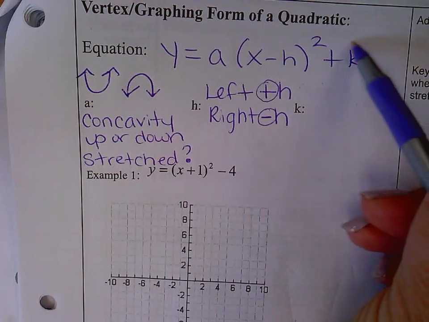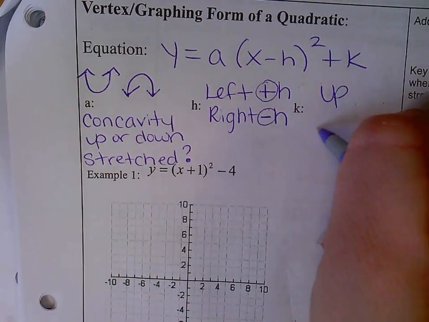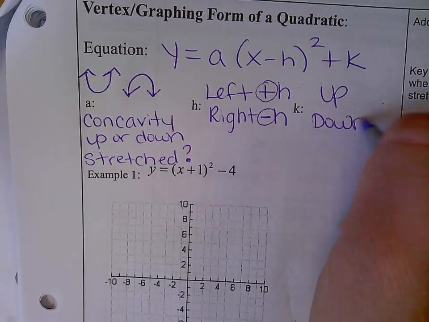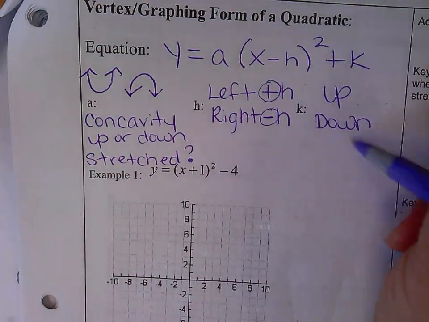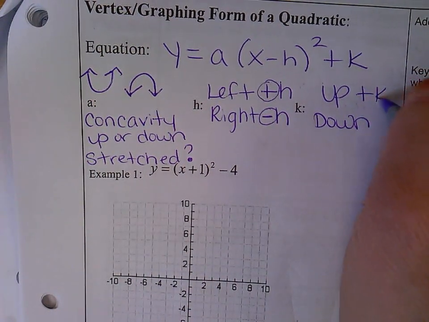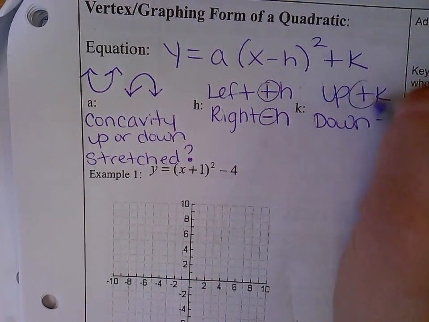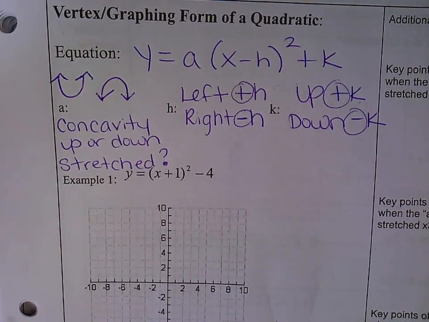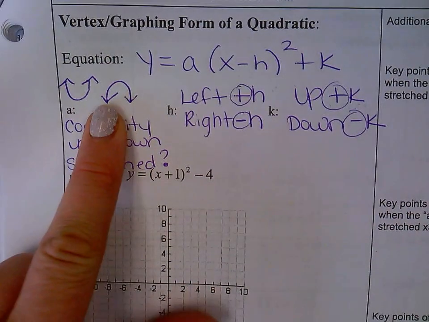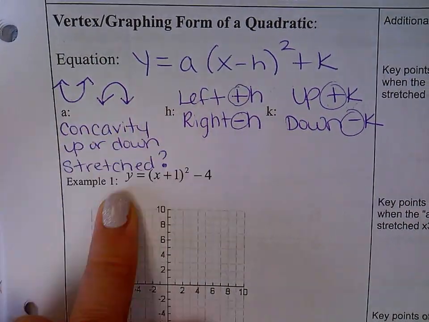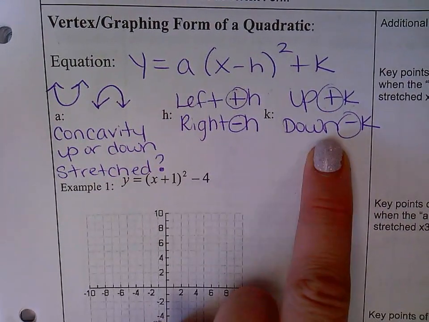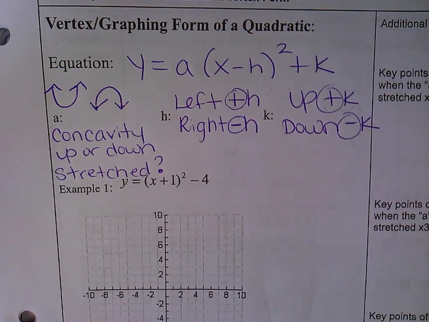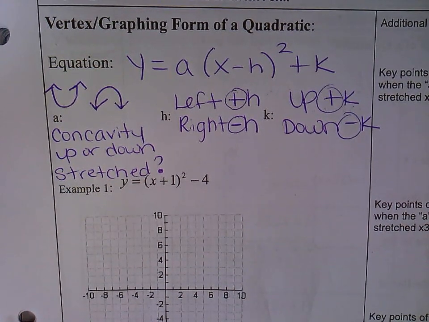We already learned this. K moves you up or down, not concave up or down, just vertically up or down. Up with a plus K and down with a minus K. So these are going to be exactly the same as the transformation rules you already know. Flipping it upside down, stretching it, right or left and up or down. So this is all just the transformation rules that you already know.